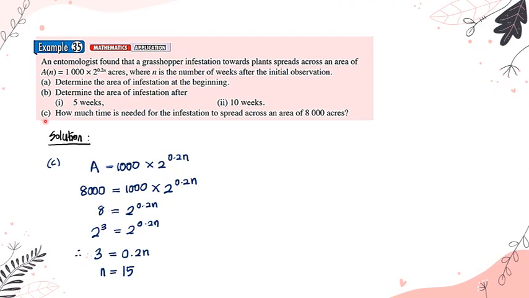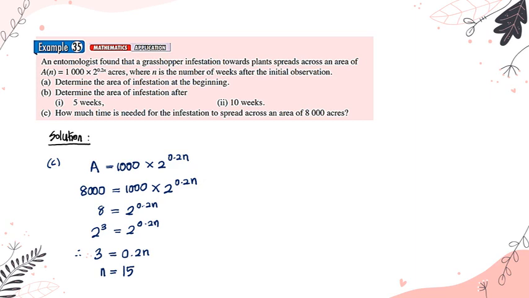Okay, for question C, we would like to find how much time is needed for the infestation to spread across an area of 8,000 acres. So we write the equation function, which is A is equal to 1000 times 2 to the power of 0.2n.